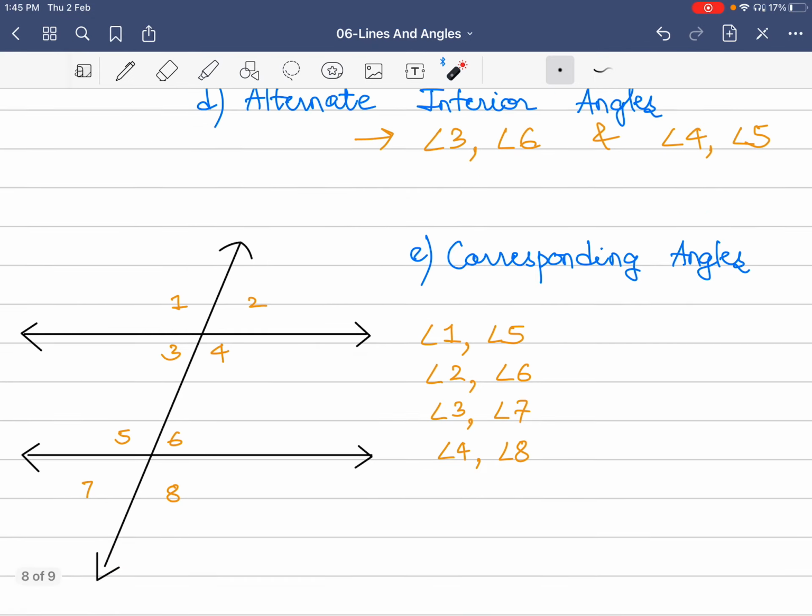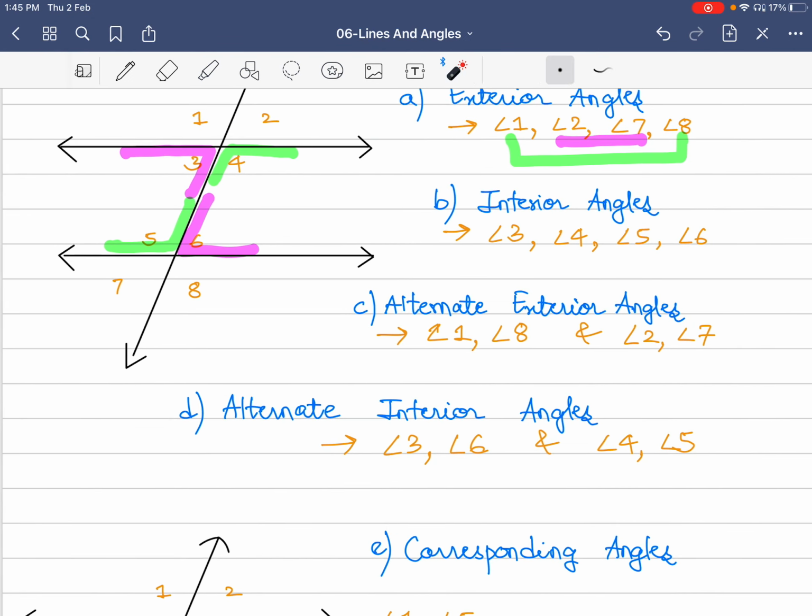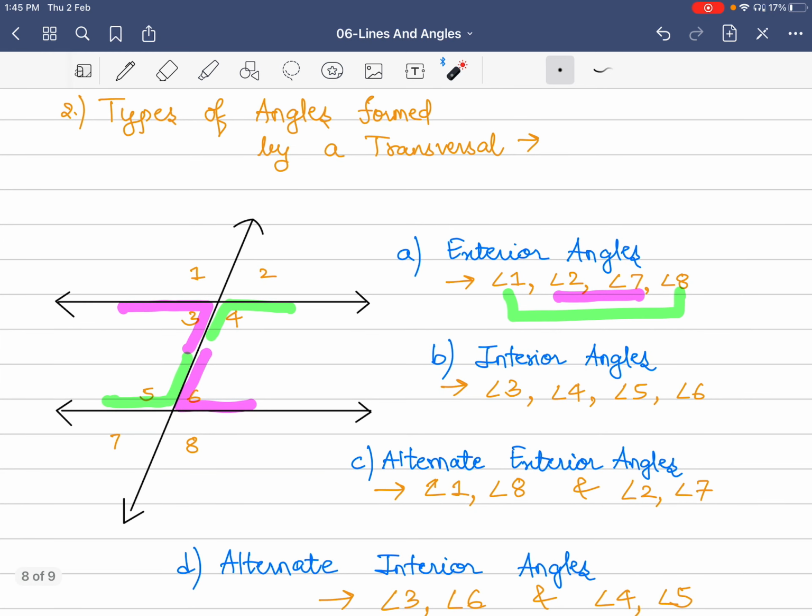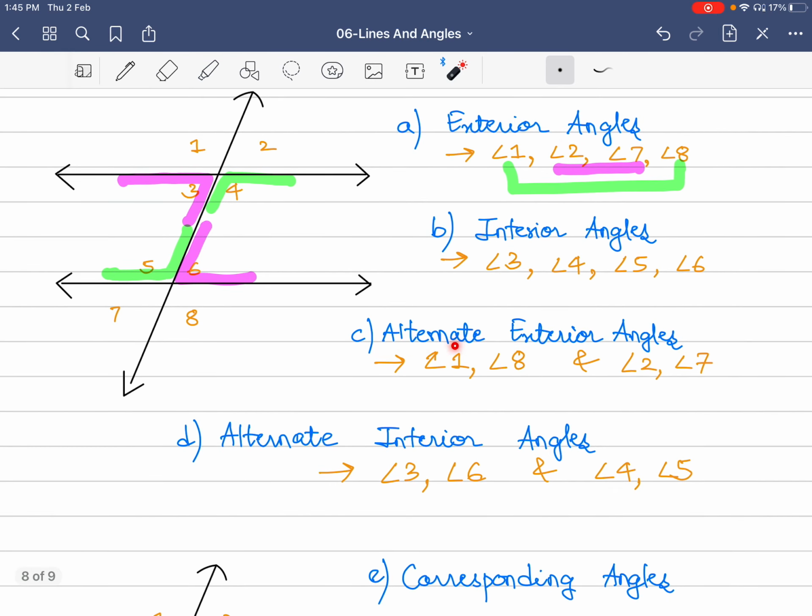Just to quickly revise, what are the different types of angles that we saw when a transversal cuts two parallel lines? First we saw exterior angles. There are four exterior angles and four interior angles. Then we saw alternate exterior angles, diametrically opposite to each other. Then we saw alternate interior angles 3, 6, and 4, 5.